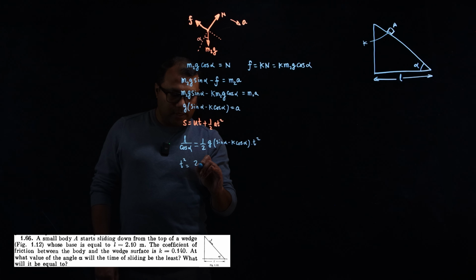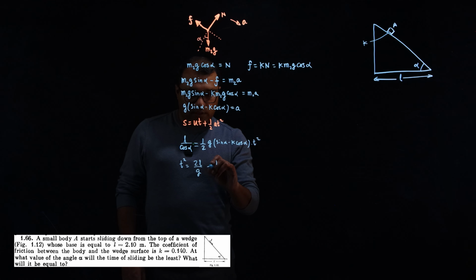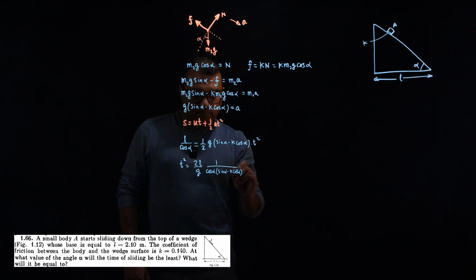Let's say t square equals 2L by g times 1 by cos alpha times sin alpha minus k cos alpha.